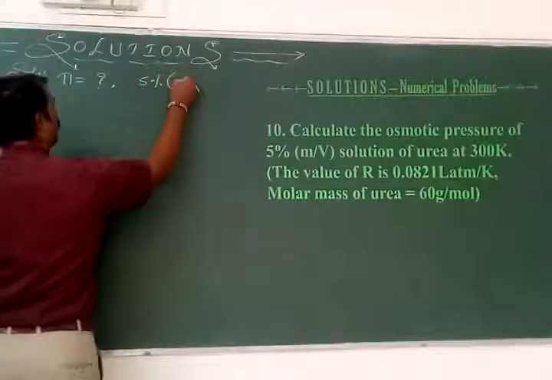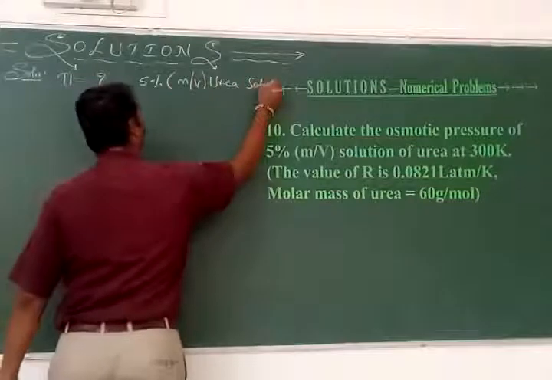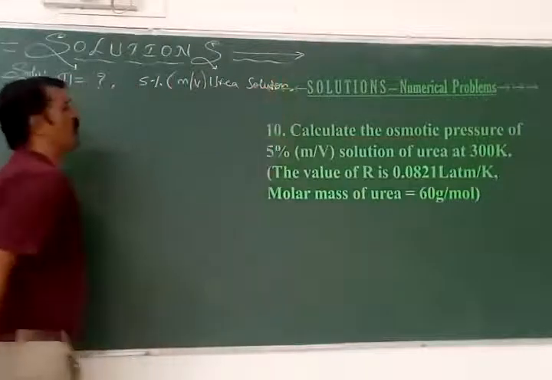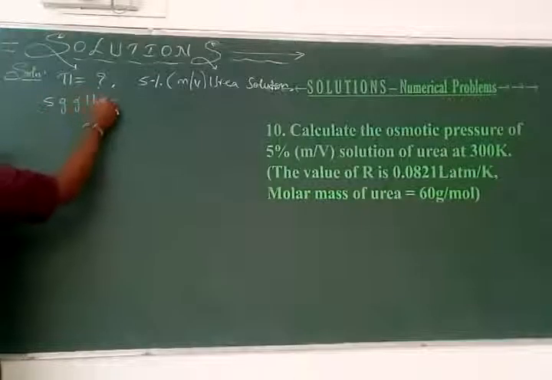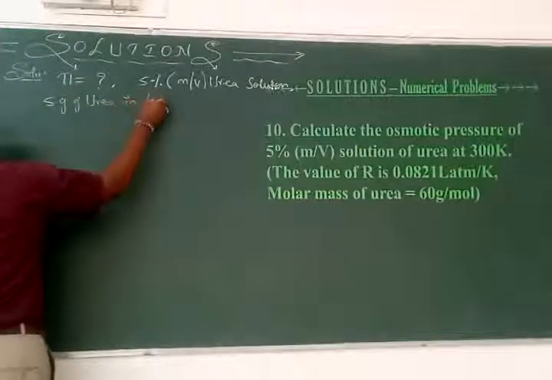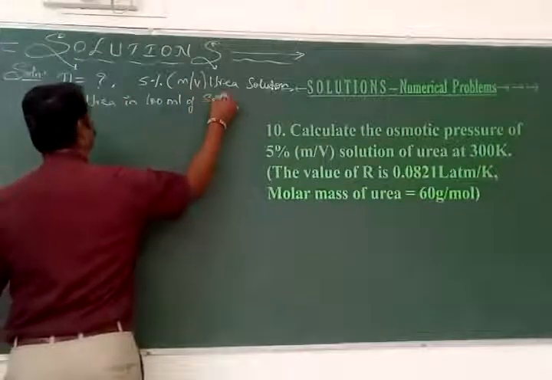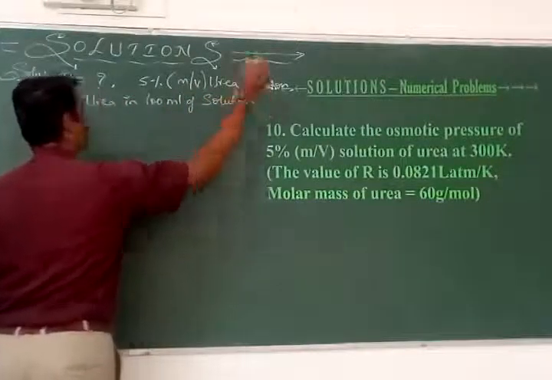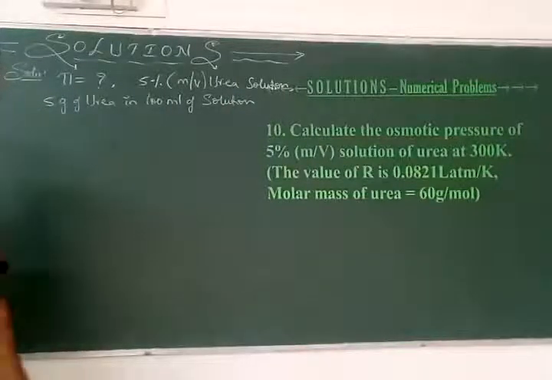5% m by V urea solution means, which solution it is? Urea solution implies 5 grams of urea in 100 cm cube or ml of solution. 5% mass per volume solution means nothing but 5 grams of urea dissolved in 100 ml or cm cube of solution.